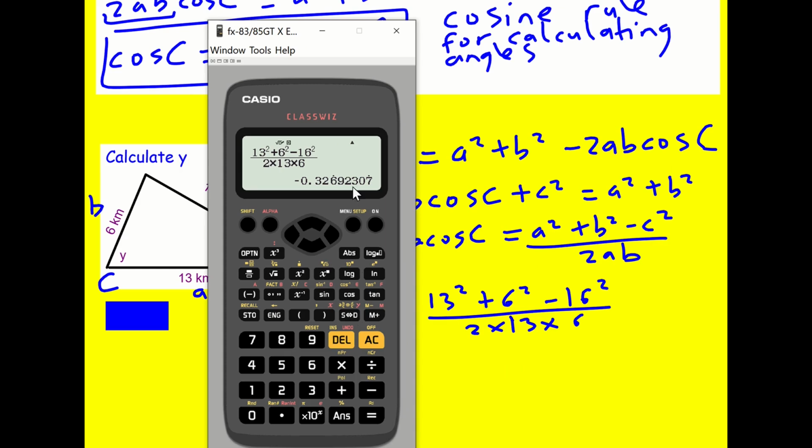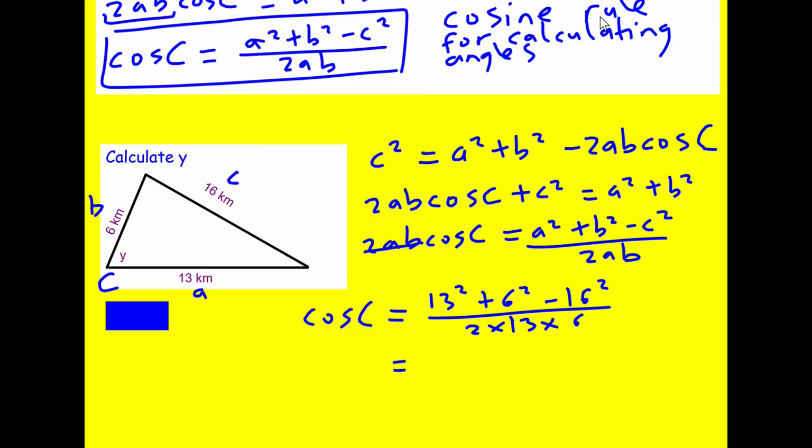Okay, we'll get a negative here. You don't normally get negatives when you're dealing with cosine, but it's the cosine rule. These things do happen. We're not going to go into loads of detail on what that means, but we'll see something interesting happening with the angle. It's minus 0.3269.